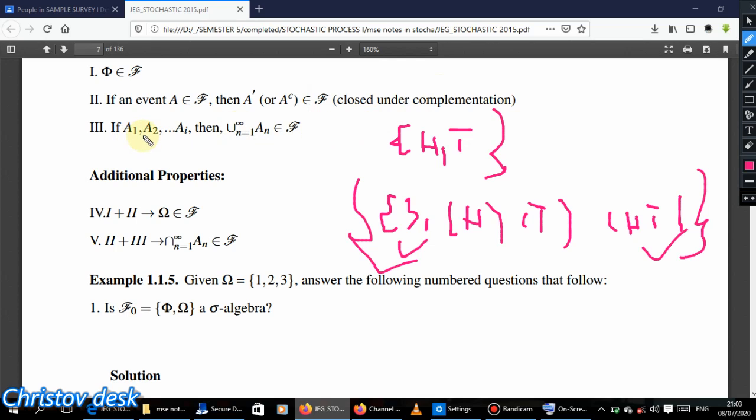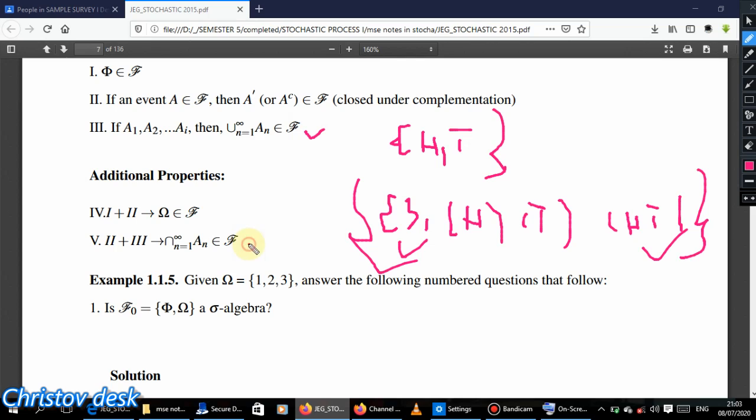If I pick A1, A2, the union should be in the set. If I pick the empty set, H and T, when I union them I get HT, which is in the set. If I pick T and the empty set and union them, I get T, which is in the set. Whichever thing I do, the union is in the set.